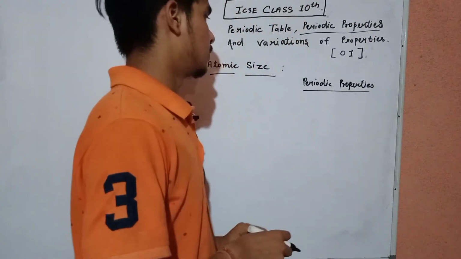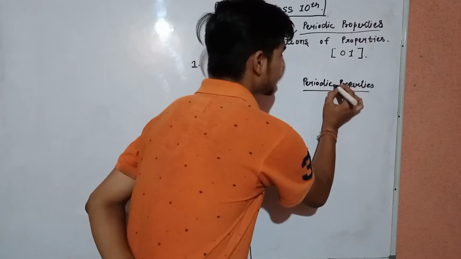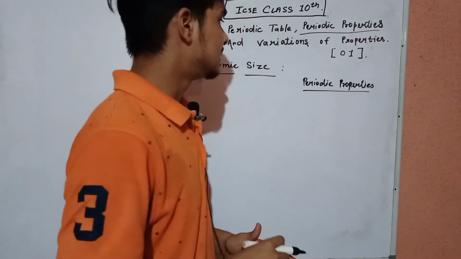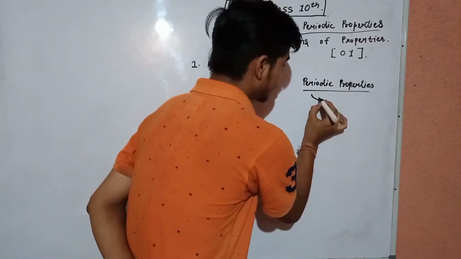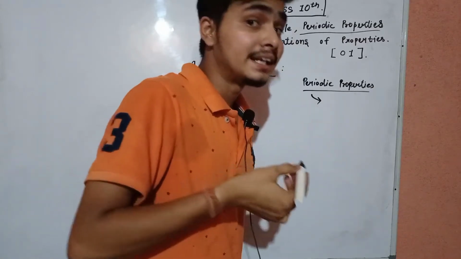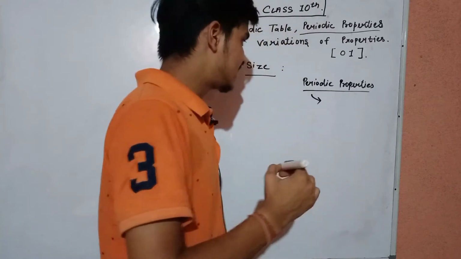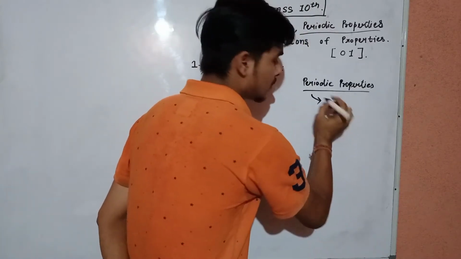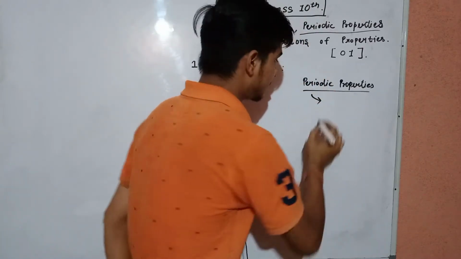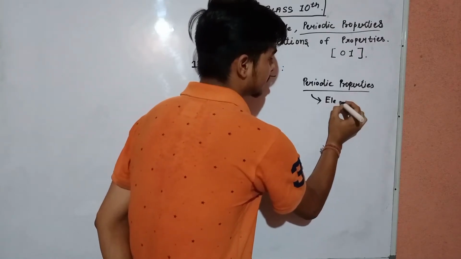Now, the main thing is that this periodic property is directly or indirectly related to one thing. What is that one thing? Electronic configuration.